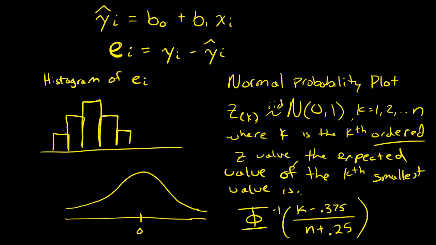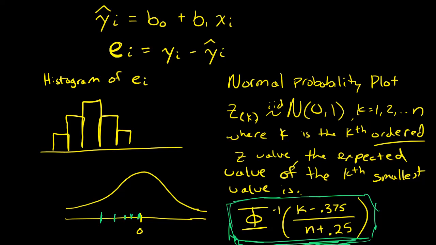Then what this is telling me is where I should expect those 10 observations to be. So the smallest observation, I would expect it to be maybe here, then 2, 3, 4, 5.